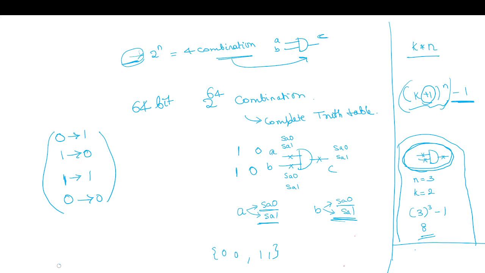Yeah, I am also thinking the same thing. Like K raised to the power n gives the number of combinations, and minus 1 is to remove the fault free circuit. This is to show that we have 1 to K types of faults.